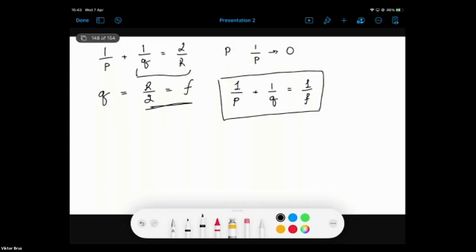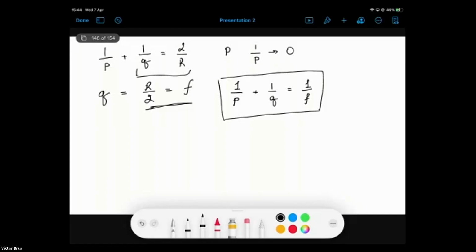And there are certain rules with the signs of object distance, image distance. For different cases, we need to be careful with the signs because that will have an impact on the result which we will get when we use this mirror equation.